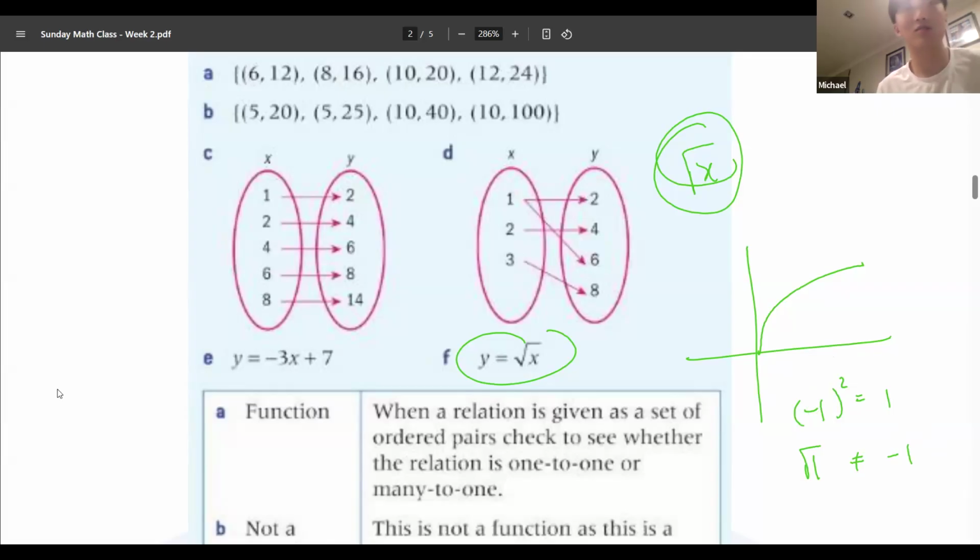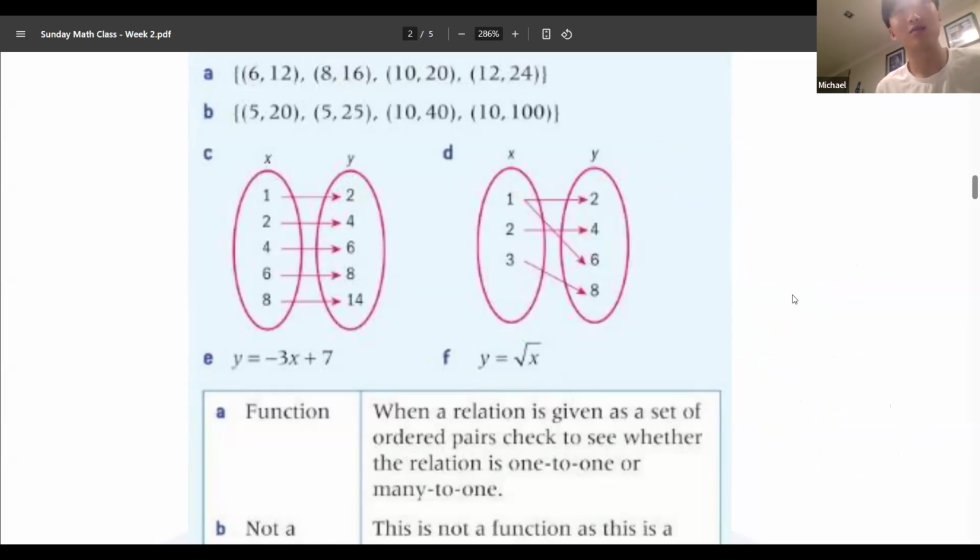I'm going to write a very interesting proof. Okay, let's say we have negative x equals negative x. Or if I say this, negative 1 equals -1, right?